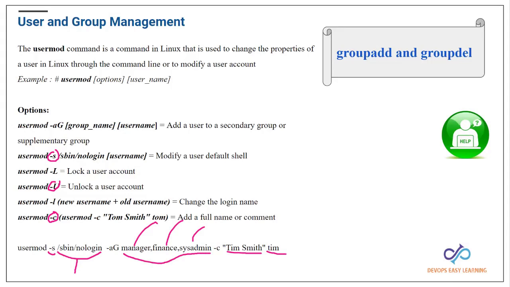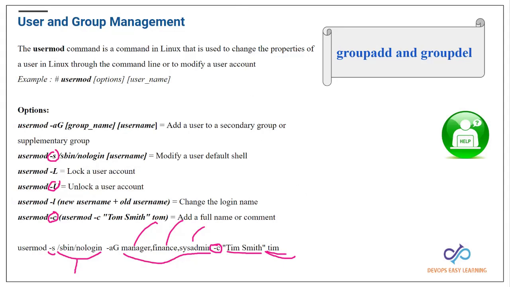And we want to give the first name and last name of the user, and that user is called Tim. Let us take this example, create a user called Tim, create 3 groups called finance, sysadmin, and manager, add the user Tim into these 3 groups, and see how it looks.